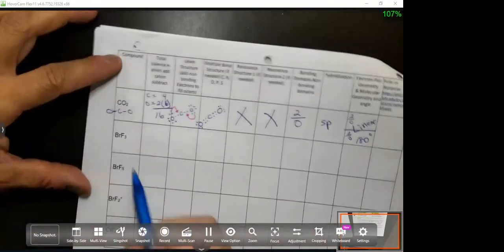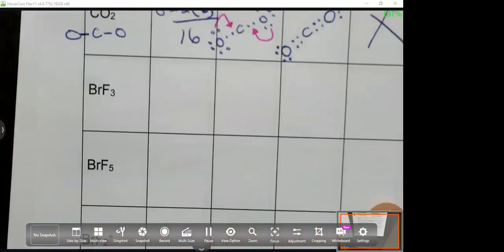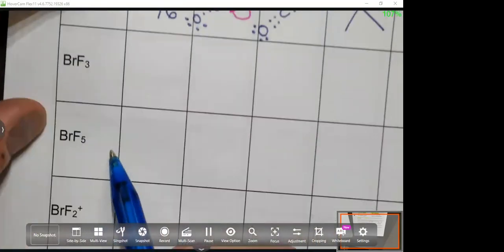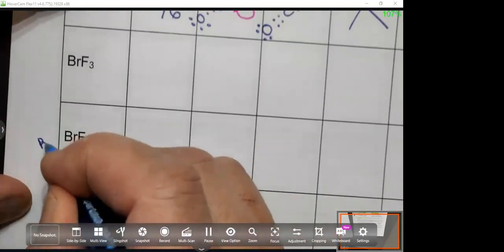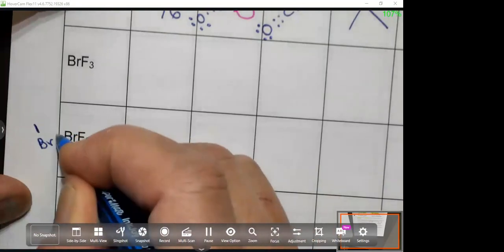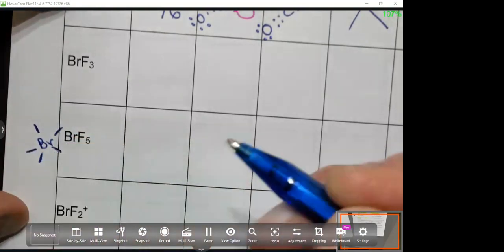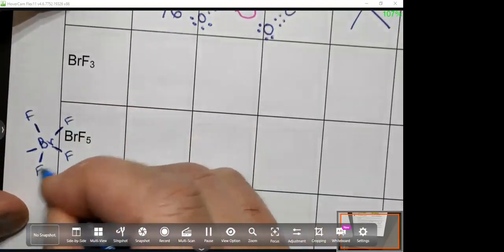Let's go down to BrF5. Actually, let's go down to BrF5, let's do this one. So you've got a Br here with 5 bonds around it.